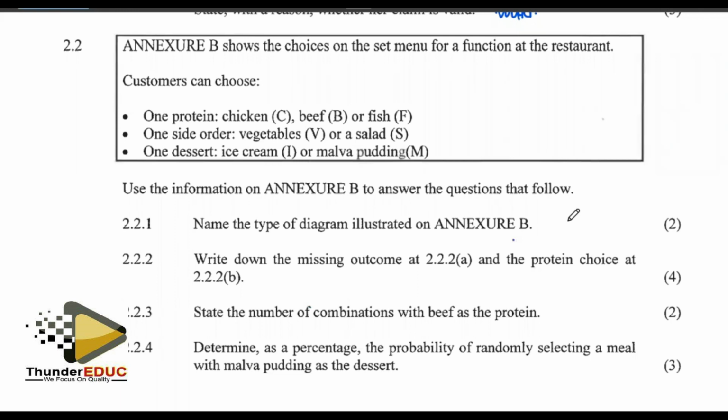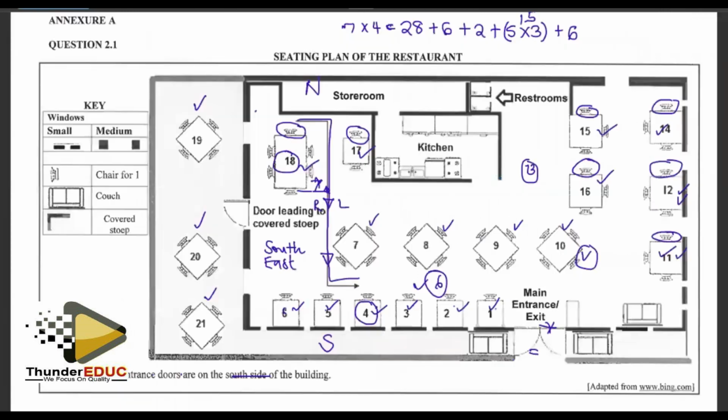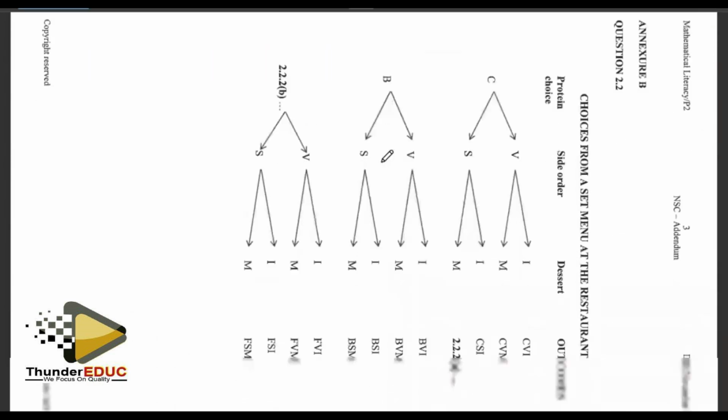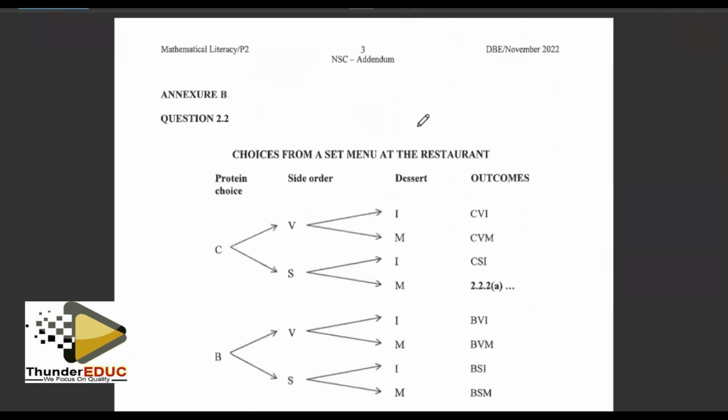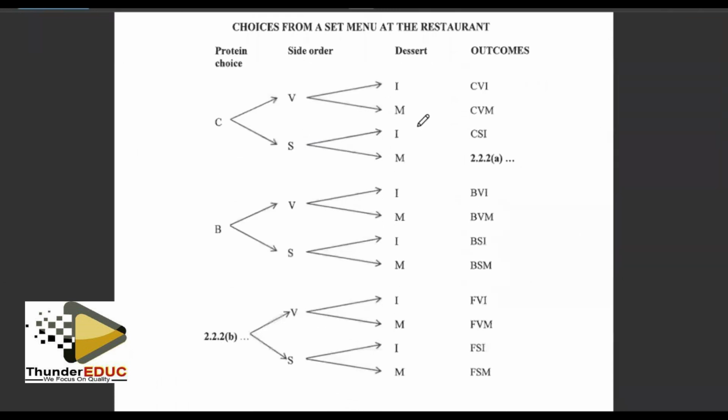They're asking which type of diagram is illustrated on chart B. Let's go to chart B and we see, here we go. All right, this is chart B, and as I guessed, it's probability. The kind of diagram that we see here is called a tree diagram. These lines that you see are the branches.